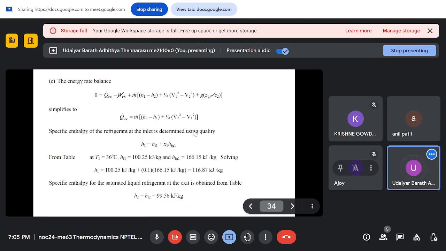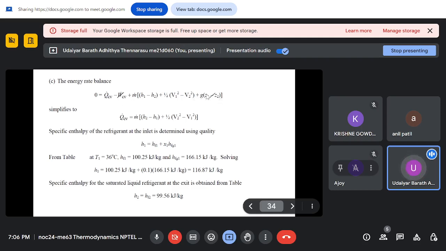And then we will apply an energy balance. The next is to find out the heat transfer which is happening. There will be no work transfer, so work transfer will be 0. So you are applying a steady flow energy equation. So you will get QCV minus WCV plus m dot (h1 minus h2), which is the enthalpy difference between inlet and exit, plus half (v1 square minus v2 square), which is the specific kinetic energy difference between inlet and exit, plus m dot into g (z1 minus z2), which is the potential energy difference between inlet and exit.